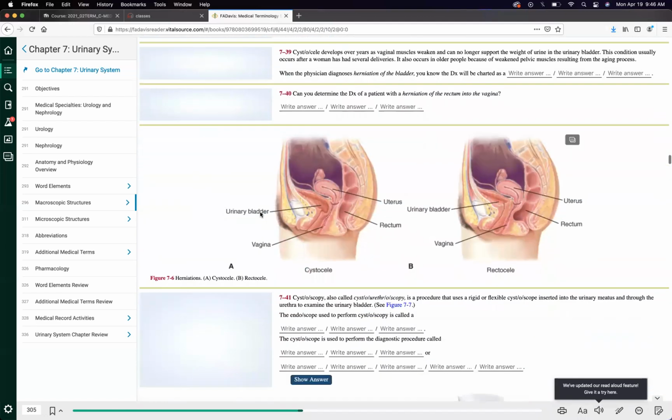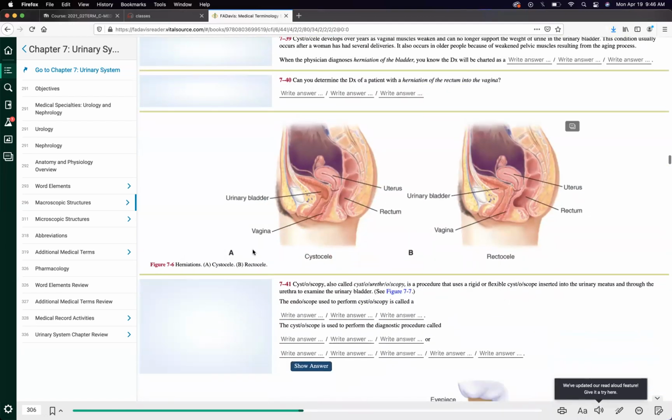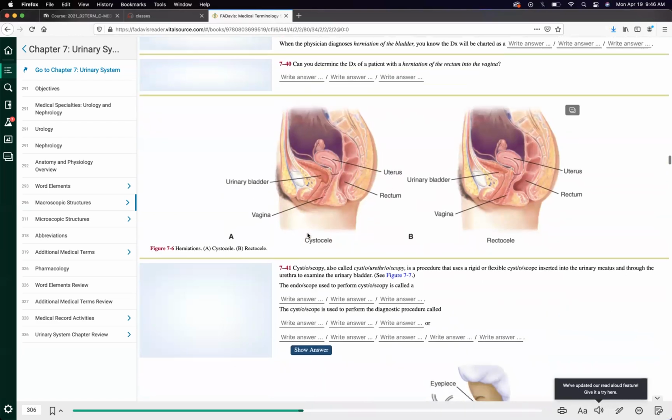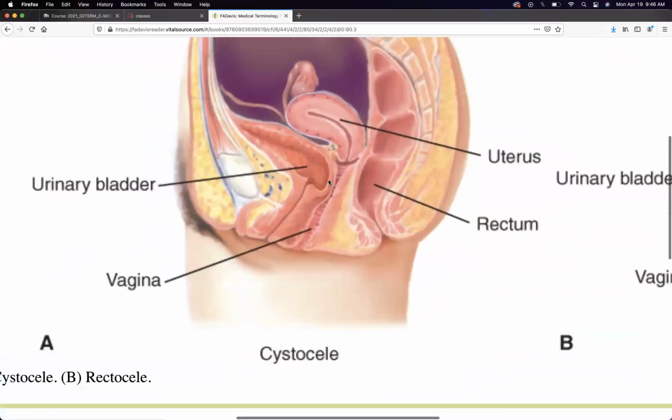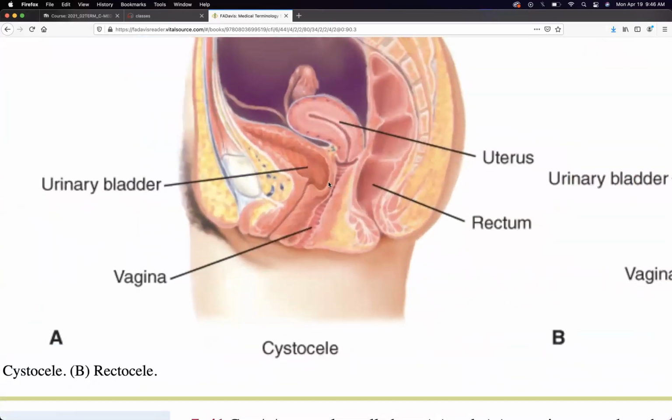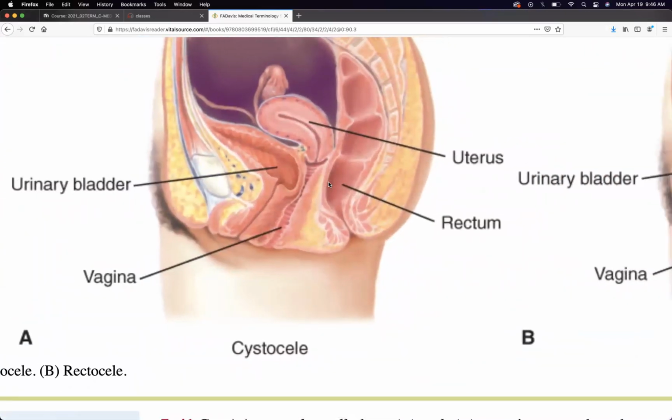Hernia, we talked about. Oh, cystocele and rectocele. Now, let's remember, cele means herniation. And herniation essentially means that things are sticking out that shouldn't be sticking out. So you could see here, right?